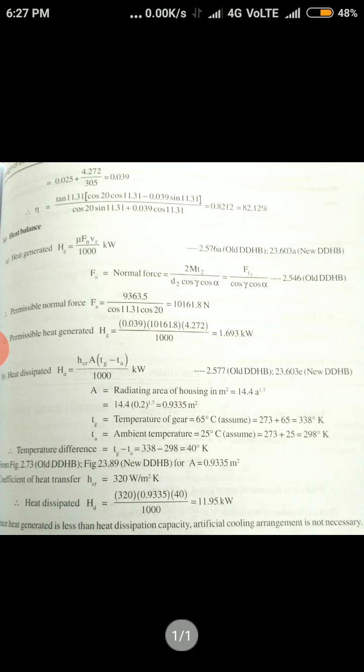So the temperature difference Tg minus Ta is 40 Kelvin. Then from figure 23.89, for A equal to 0.933 meter square, Hcr equal to 320 watt per meter square Kelvin, as in the earlier problem. Substituting that, you get 11.95 kilowatt. You see, heat generated is 1.69, heat dissipated is 11.95, means heat dissipated is more than heat generated. So that means you require artificial cooling to provide stability.